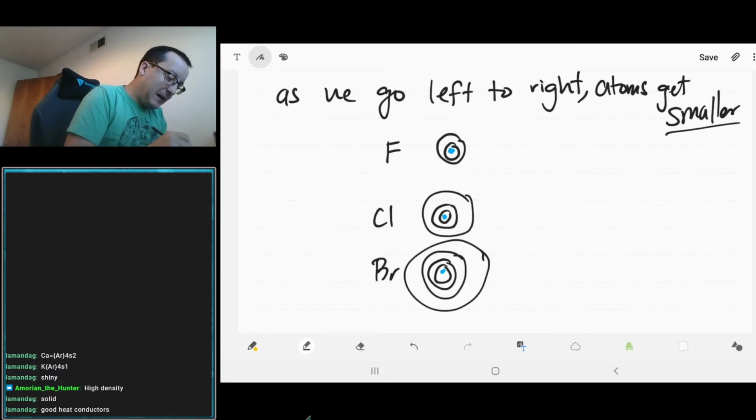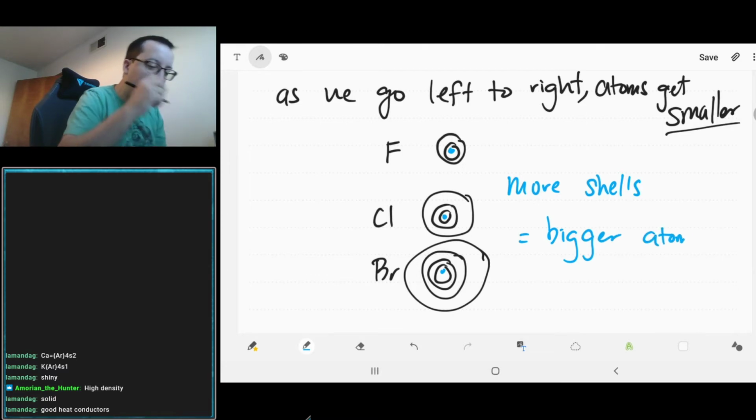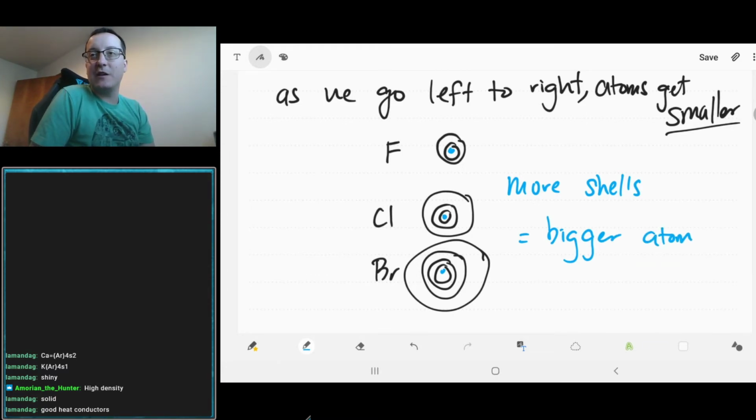We're going to see the more shells you have, that's going to lead to you being a bigger atom. Just the more shells you have, shells take up space, right? The bigger shells you have, the further they are from the nucleus.